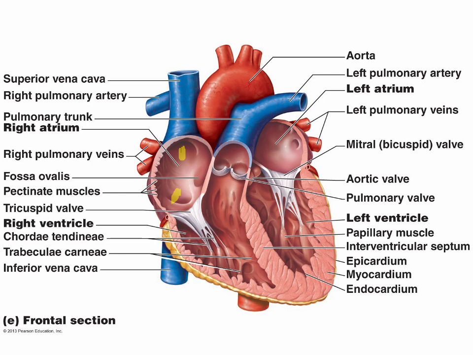Then this good friend here is the fossa ovalis, and also we're going to see the tricuspid valve here. Then we have the chordae tendineae, which are these little pieces that are going to attach the valve to the walls of the heart.